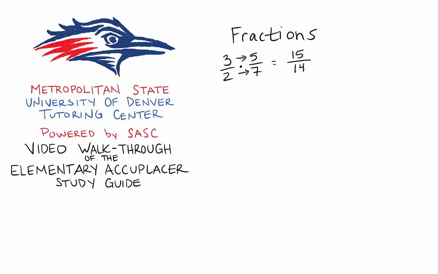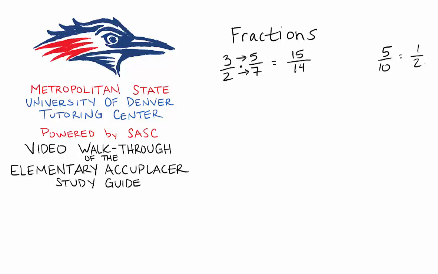Now it's important that we reduce. In this case we can't reduce, and we'll get to some examples where we can reduce, but it's important that if I say I have 5 over 10, that's not my final answer. My final answer would actually be, I can reduce that to 1 over 2. And we'll get into how we do that a little bit later, but you must reduce your fraction at the end.